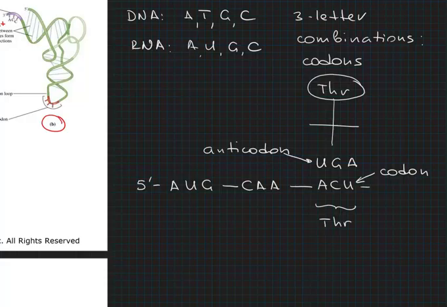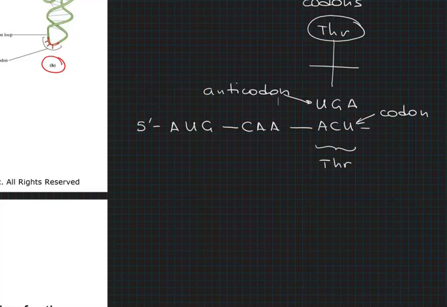And by analogy, if you use that exact logic, which tRNA will recognize this? If this is the codon, then the anticodon should be U, A, C. Would you agree with me? Yes? Because it's complementary.